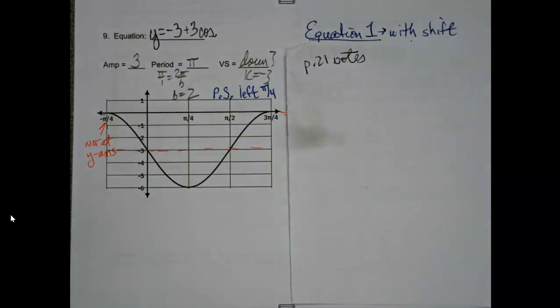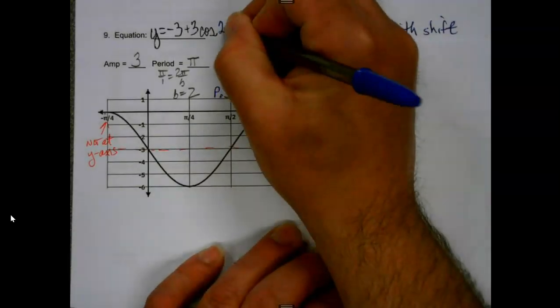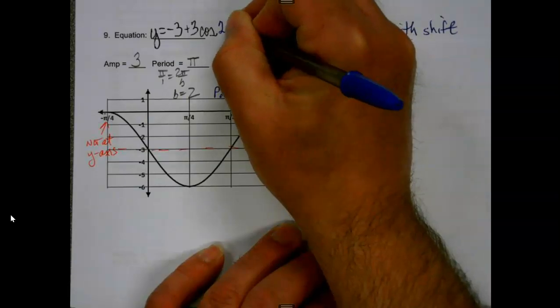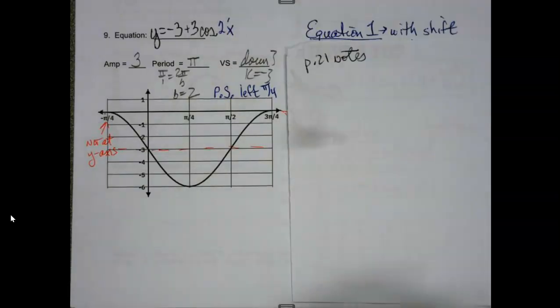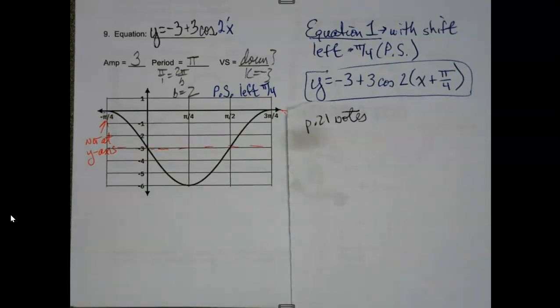So what does that mean? Well, instead of just doing 2x like we did yesterday, that 2 is still going with my x. It's just outside the parentheses because I have a phase shift.